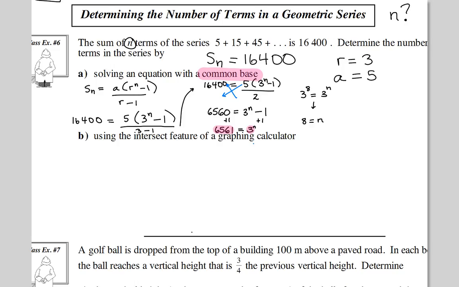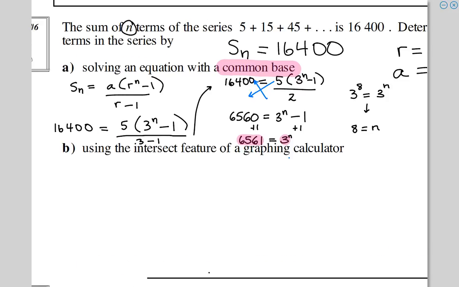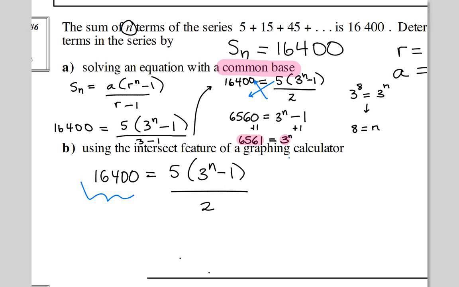Okay, so how to do the graphing calculator. And this is actually kind of a nice little cheat for people who are still struggling with algebra. So here we have the equation that we started with. The left-hand side, all this stuff goes into y1, and the right-hand side goes into y2.